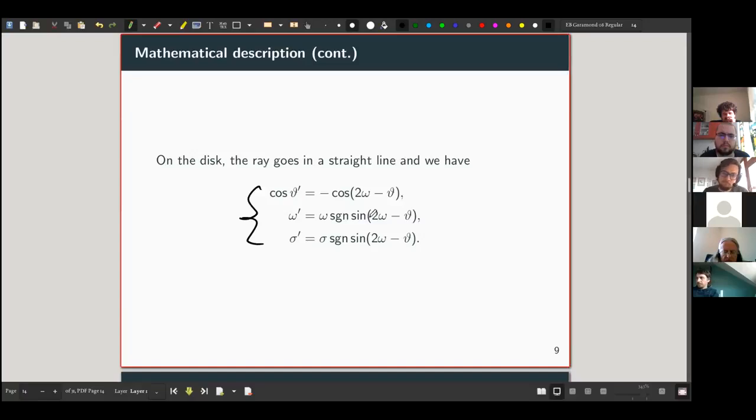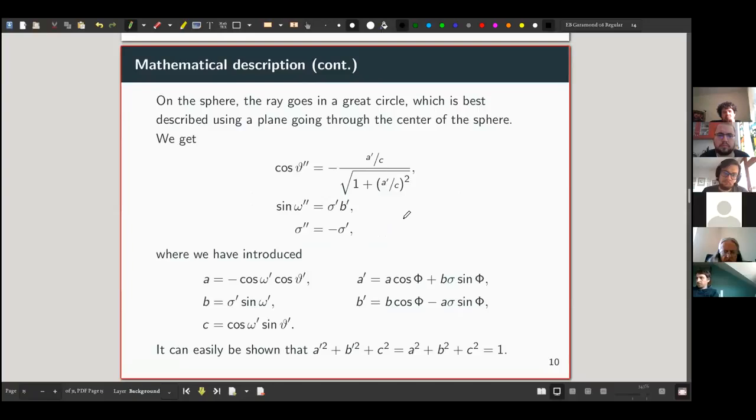Here on the disk, it's pretty simple, but the spherical part is much worse because we need to first make a plane through the center of the sphere, which will describe the great circle on the surface of the sphere. And it gets quite messy. And these calculations are what Professor Tis did in order to make all of those pictures and simulations.